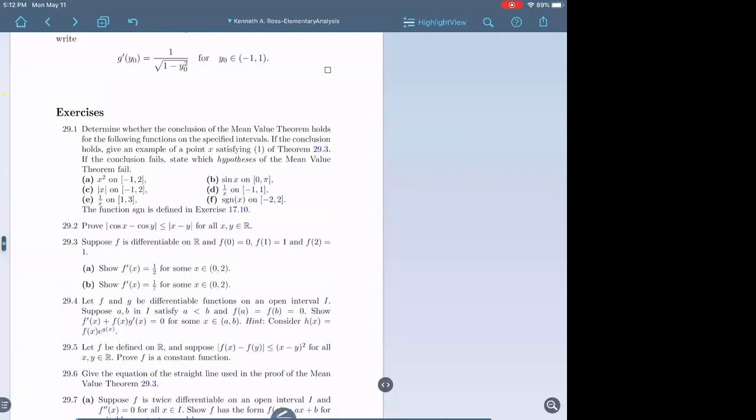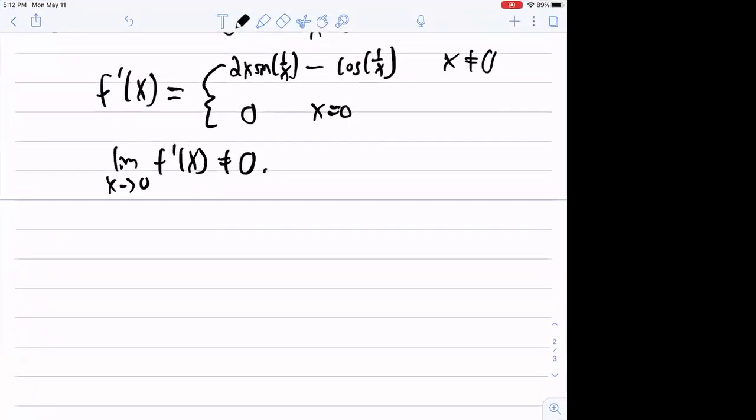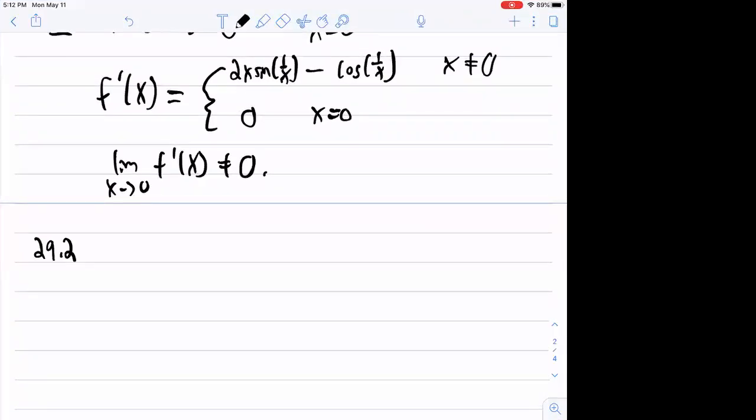So the first thing would be, let's do problem 2, cosine of x minus cosine of y, right? 29.2. I want to show this is less than or equal to x minus y. So what does MVT give?